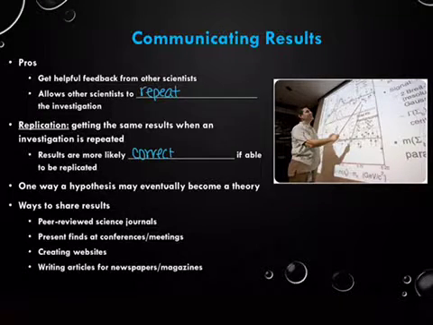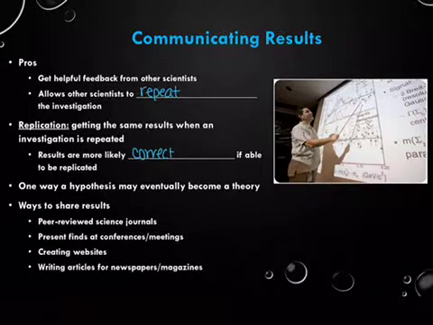So scientists share the results in many different ways. They can publish their findings and their experimental process in peer-reviewed scientific journals. A peer-reviewed scientific journal means a bunch of scientists look at the articles to make sure that the scientific evidence in these articles is valid and ethical, and then they get published.